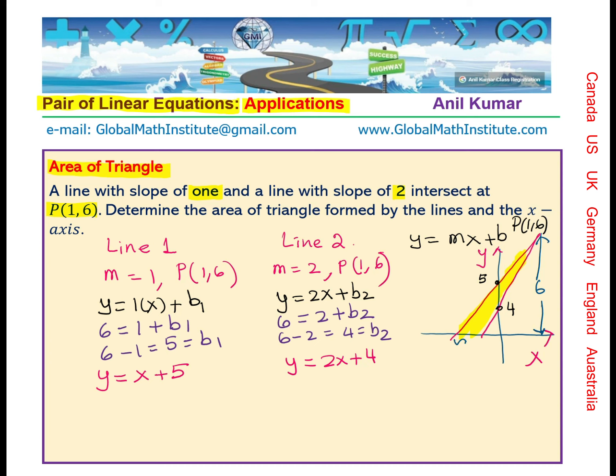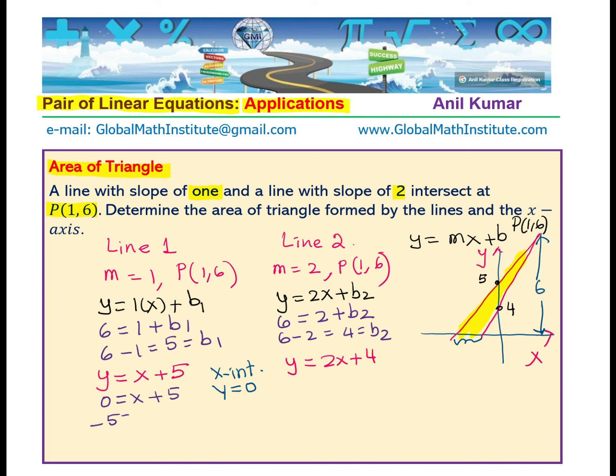Now, we need to find the base. To find the base, we are looking for the x-intercepts, meaning y value 0. So let's find the x-intercepts. To find them, I'll put y = 0. If I substitute 0 in the first equation, I get 0 = x + 5, and therefore the x value is minus 5.